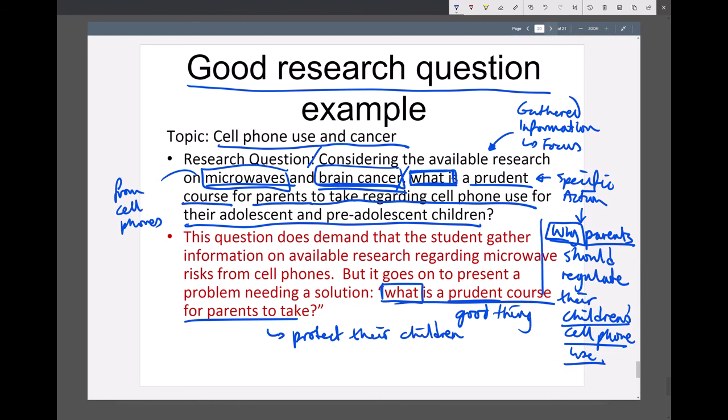So here you have the research question: why should parents regulate their children's cell phone use? One of the reasons is that it puts them at risk of brain cancer. So then you can have reasons why.